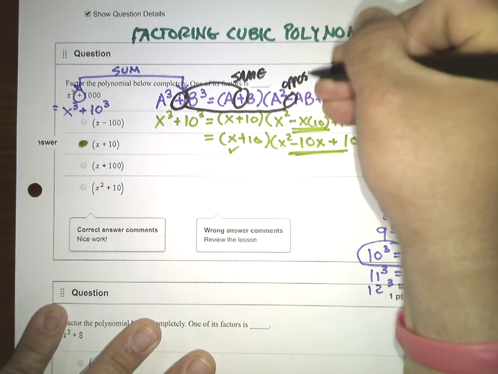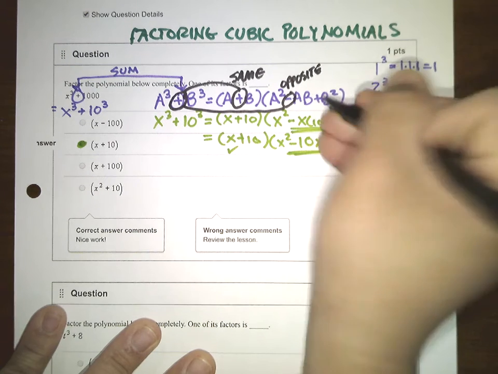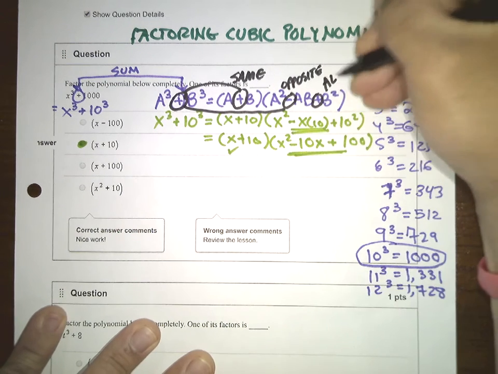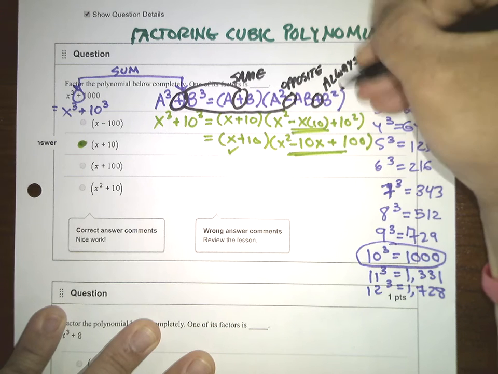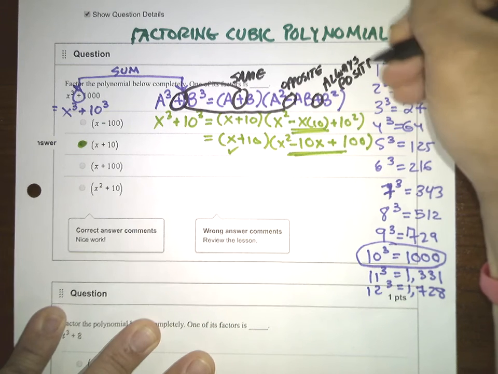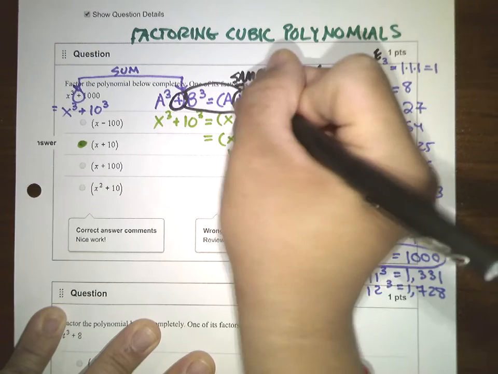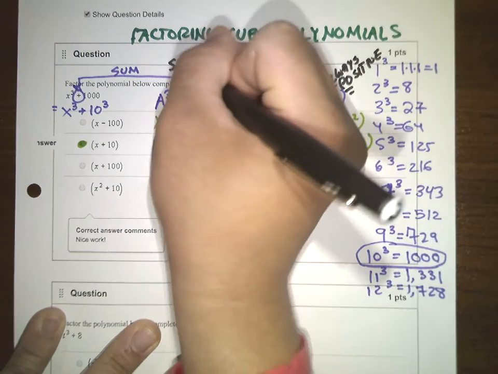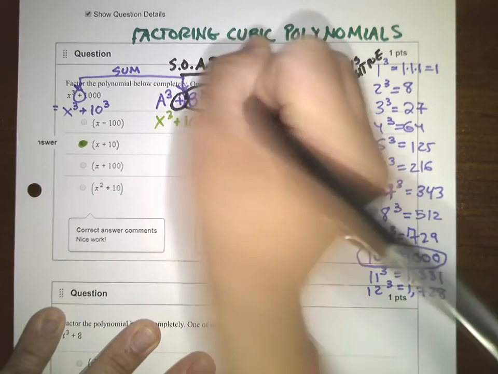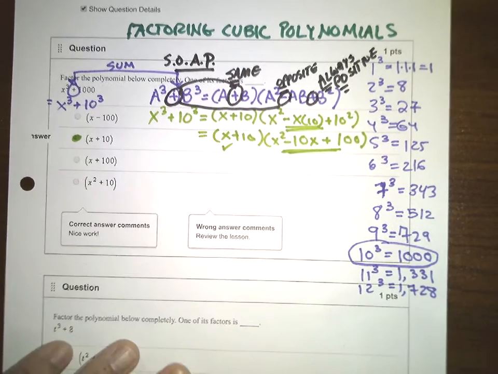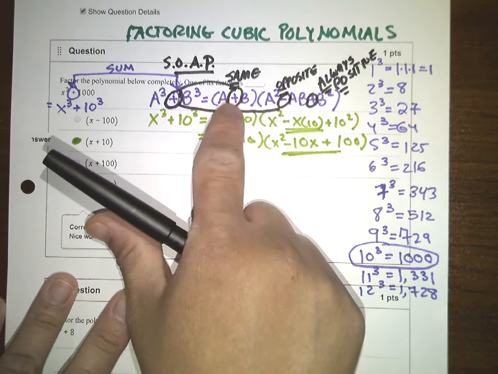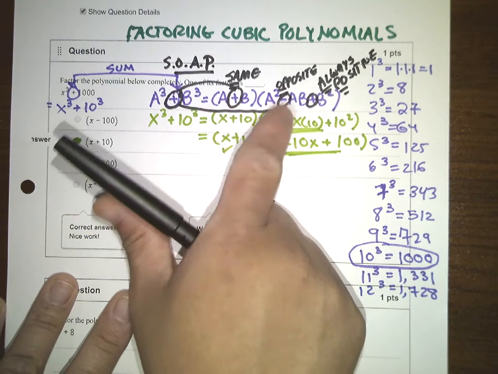And then this sign right here is always going to just be positive. All right, always positive. So they use the abbreviation SOAP to help them remember the order of whether each of these terms should have a plus or minus in front of them.